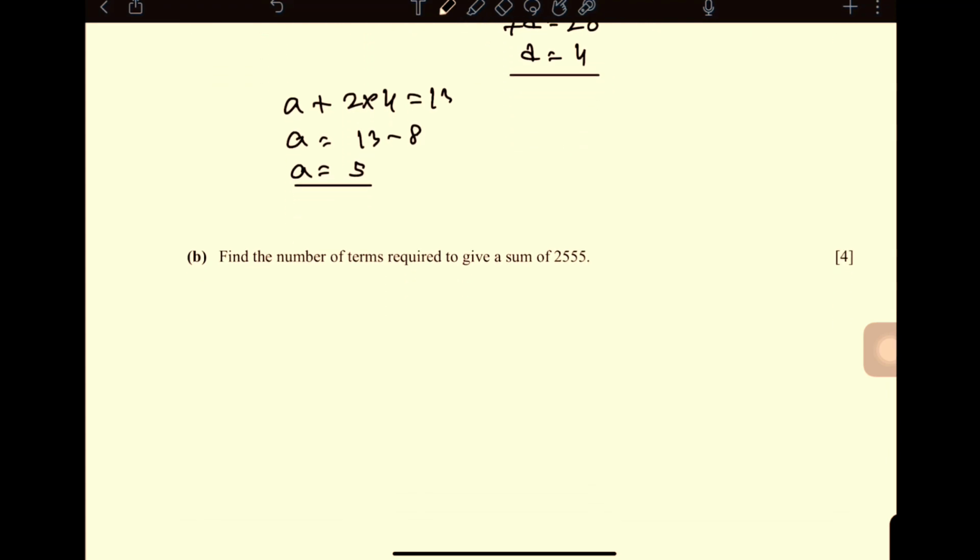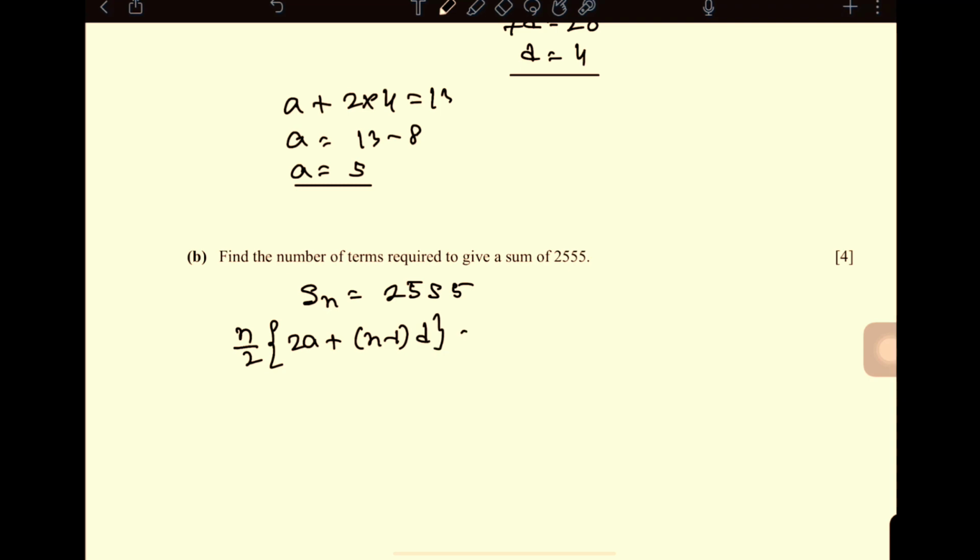We know sum of n terms, Sn equals n by 2 (2a plus (n minus 1)d) equals 2555.